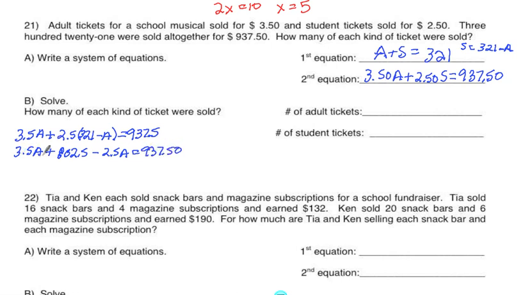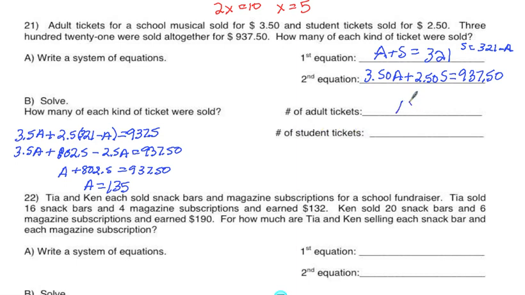Okay, so 3.5 minus 2.5 is 1, so I just have one A left, and A plus 802.5 equals 937.50. And when I subtract that 802.5 from both sides, I should get A equals 135. So remember, this is the number of adult tickets, that's what I'm finding.